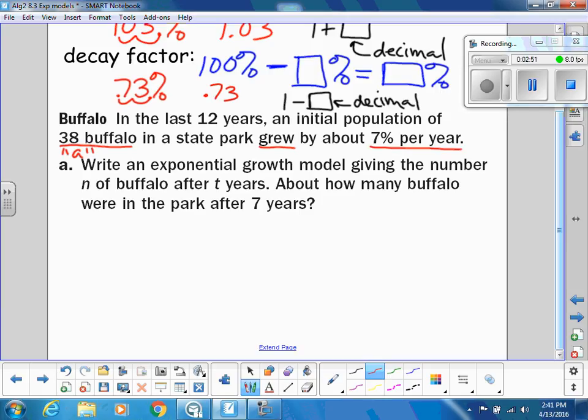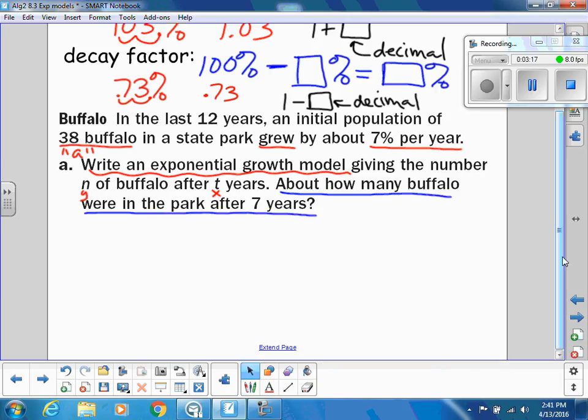So we're going to write an exponential growth model giving the number N of buffalo after T years. So remember, this is just instead of Y and X, we're using N and T. So don't let that throw you off. And then after we do that, they want us to figure out about how many buffalo were in the park after 7 years. So there are 2 parts to this problem.